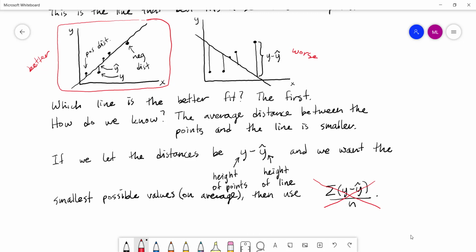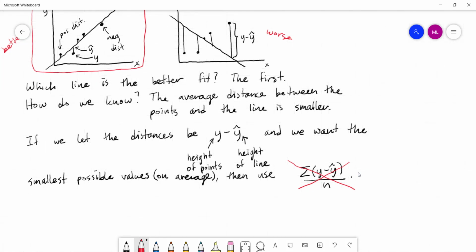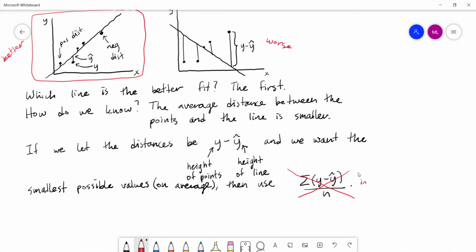So instead of taking the values and adding them up, what we'd really want is we'd sum the y minus y hats, and we'd square them all and divide them by n. And this would be the thing that we want to minimize, because it makes it so we don't care about whether the point is above or below, and they don't give me the cancellation.